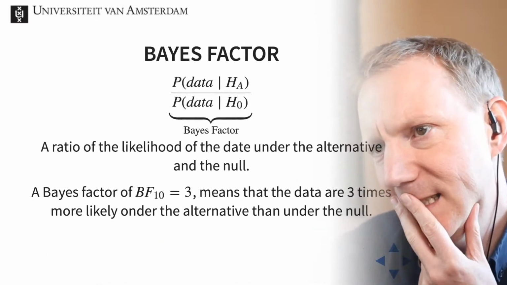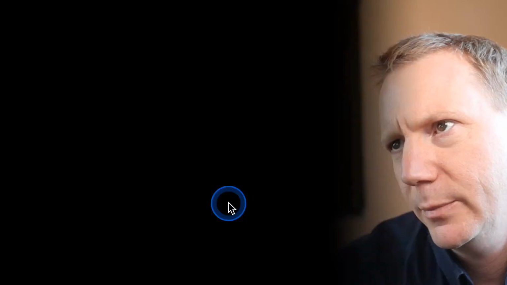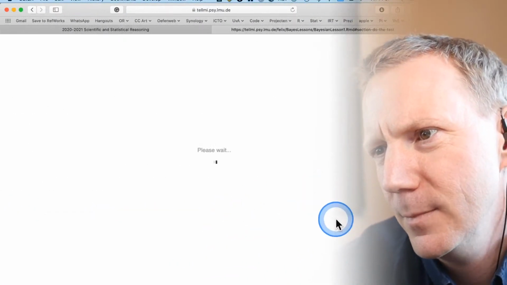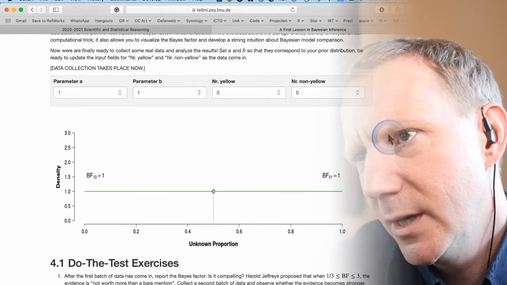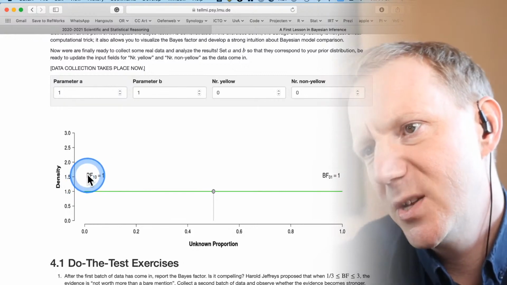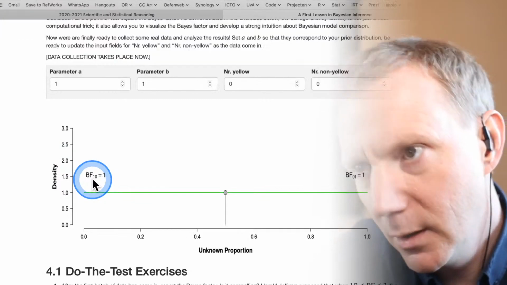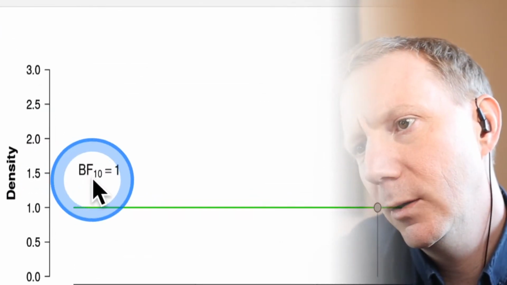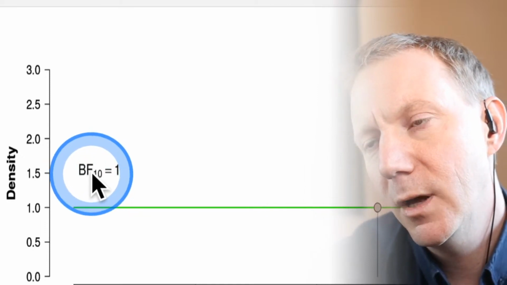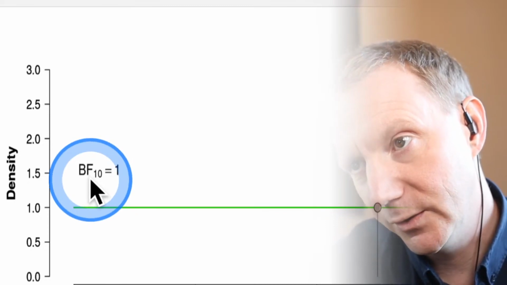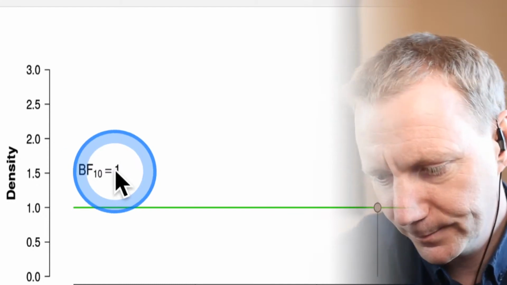So let's see. We're going to get this shiny app to work here, and we're going to use this one. What we're seeing is the Bayes factor for 1-0, meaning a Bayes factor in favor of the alternative hypothesis pitted against the null hypothesis.